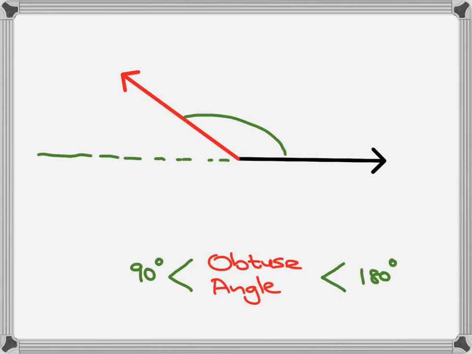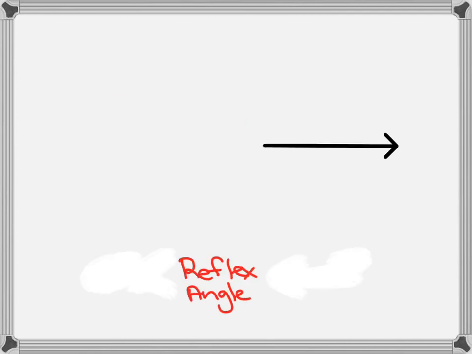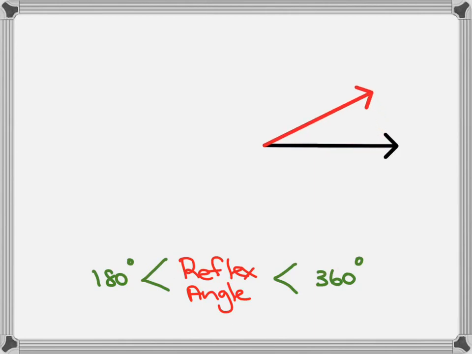Okay. Now let's look at the next one. A reflex angle. A reflex angle is smaller than 360 but greater than 180. So a reflex angle would go like this. It would start there and go all the way around past 90, past obtuse territory, past 180, and it would be in this territory over here, just not a full revolution.